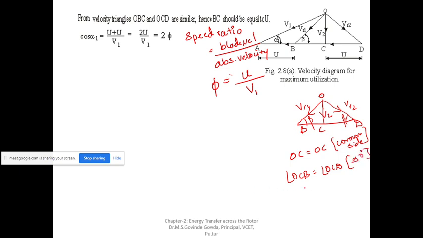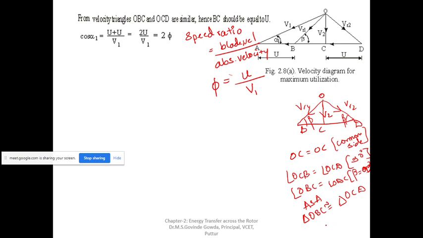One more angle we have to prove: angle OBC is equal to angle ODC. Both angles are equal. So by the ASA, angle side angle, postulate, we can say that triangle OBC is similar to triangle OCD. Yes or no?